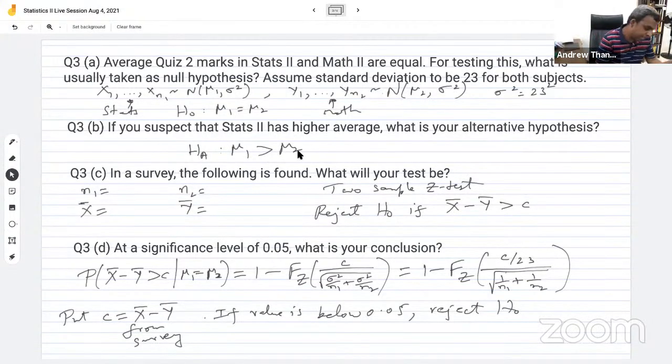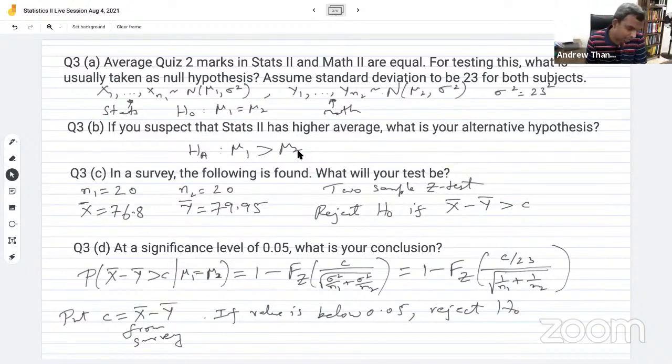Our survey gave us N1 20, N2 20, and X bar was 76.8, and Y bar is 79.95. We're going to do a two sample Z test, and we'll reject H naught if X bar in favor of the alternative.